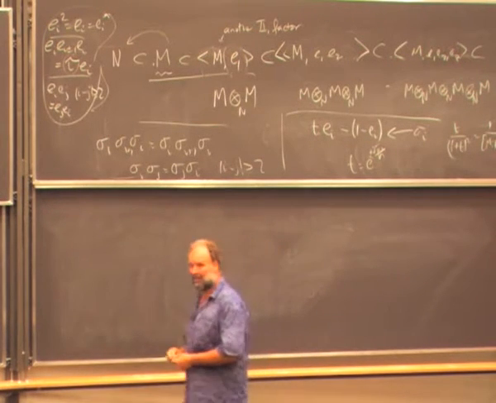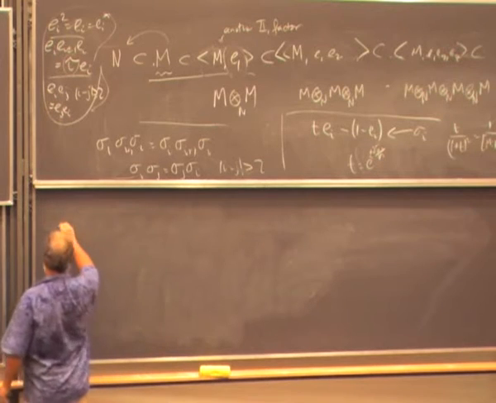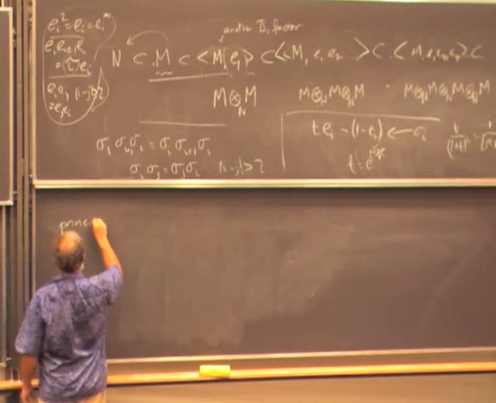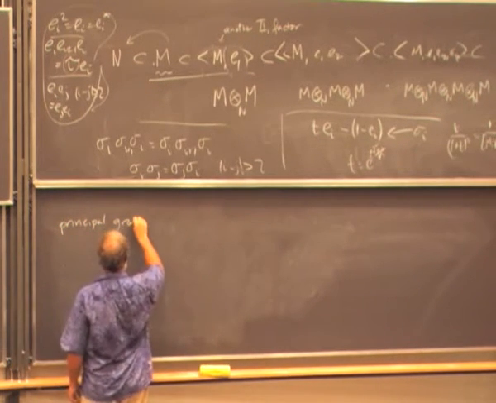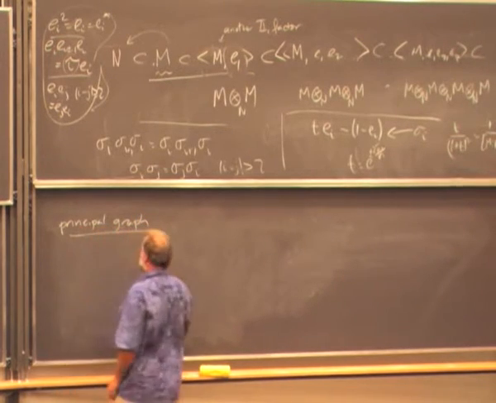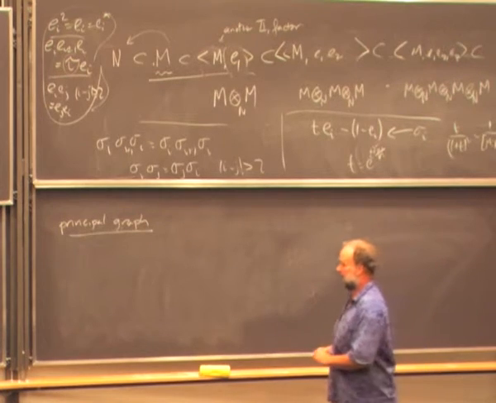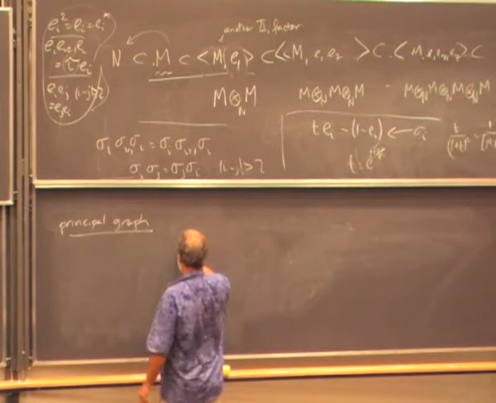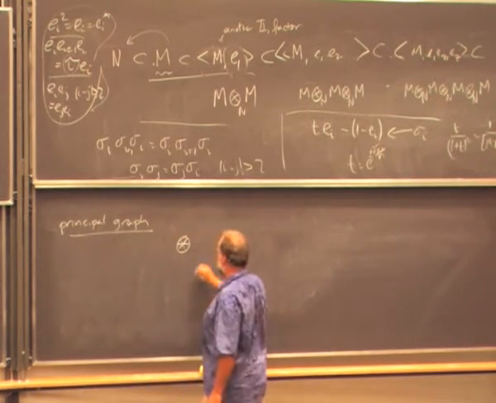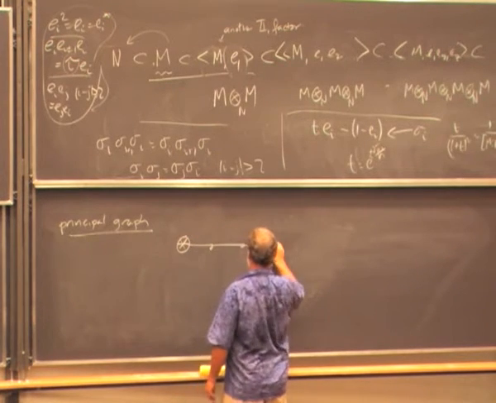The combinatorial concept that came out most immediately was that of the principal graph. And the principal graph is a graph with a distinguished vertex, and it's a bipartite graph.